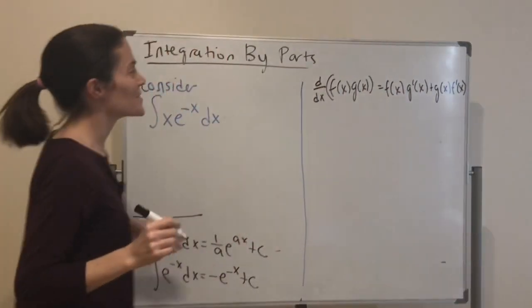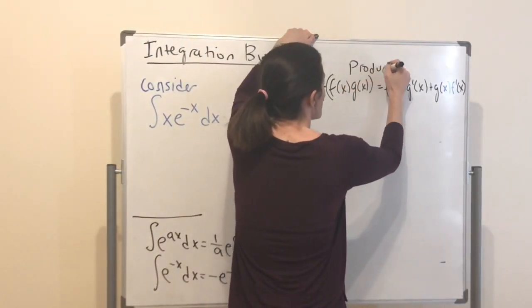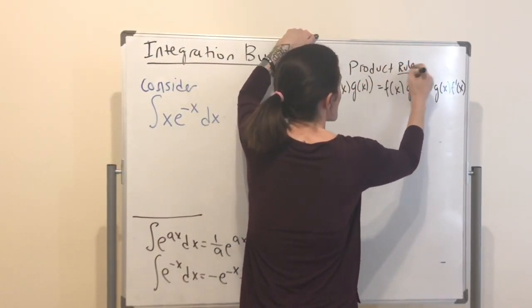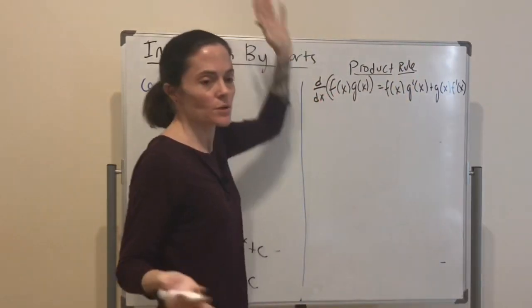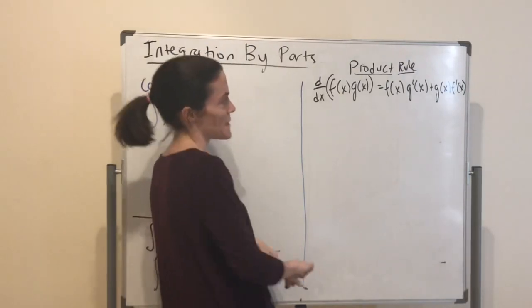And I almost ran out of room. This is the product rule that you learn in Calc 1, and we use throughout. You use it in Calc 1, Calc 2, Calc 3. We're always taking derivatives at different times of the semester.